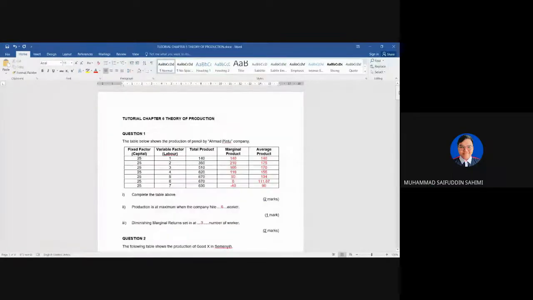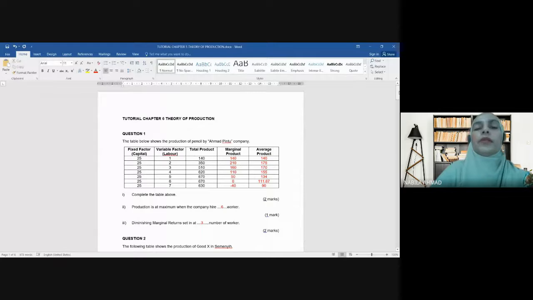Okay. Okay ya. Kita nak tengok ada tak latihan dalam textbook. Okay, so ada latihan dalam textbook ya. Boleh take out the textbook.